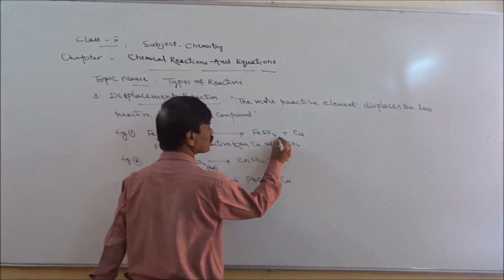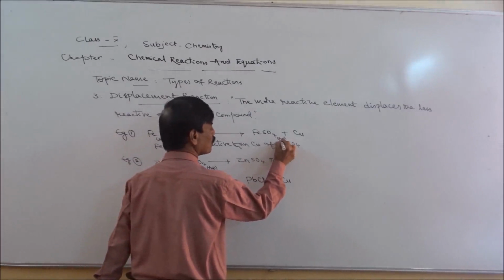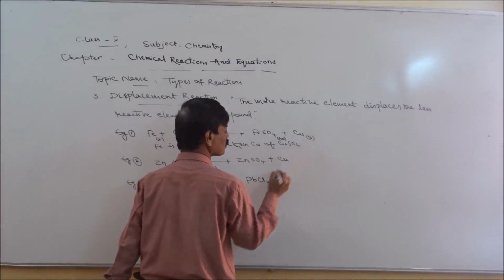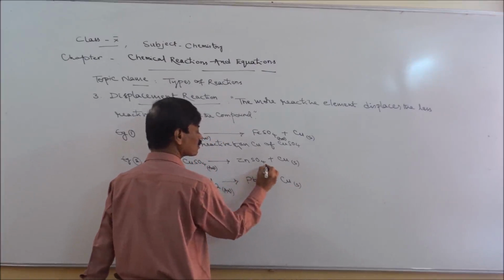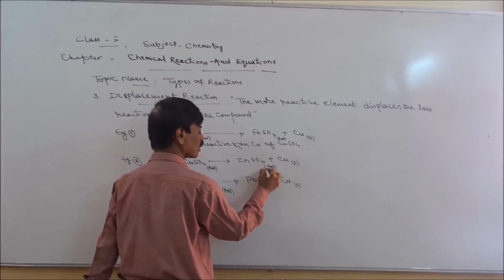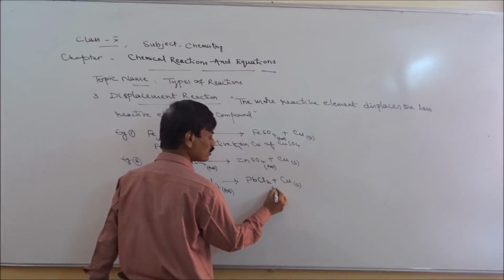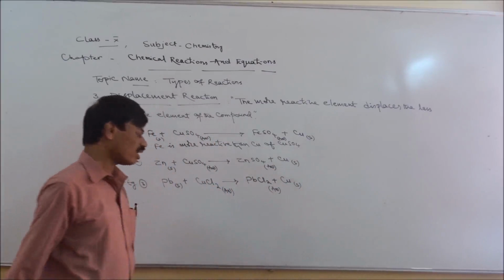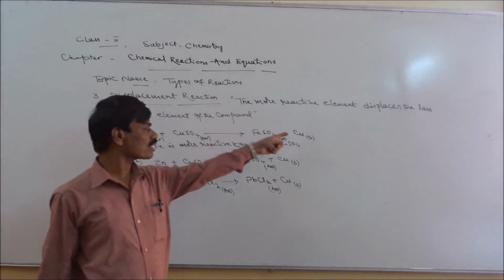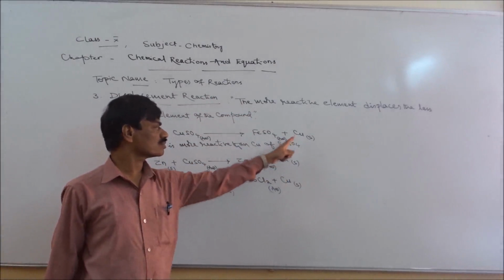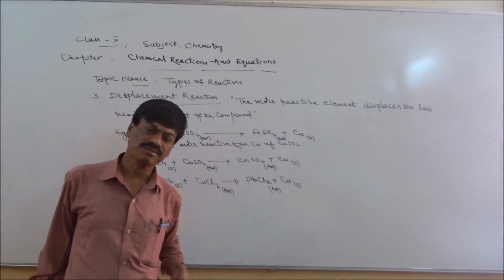Iron sulfate in aqueous form, copper is in solid form. Zinc sulfate is in aqueous form, lead chloride is in aqueous form. Right? Copper metal is brown in color. That can be written. Fine.